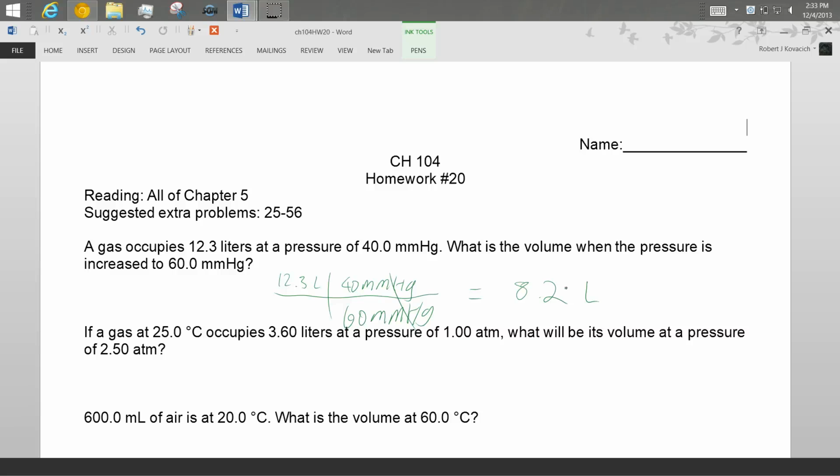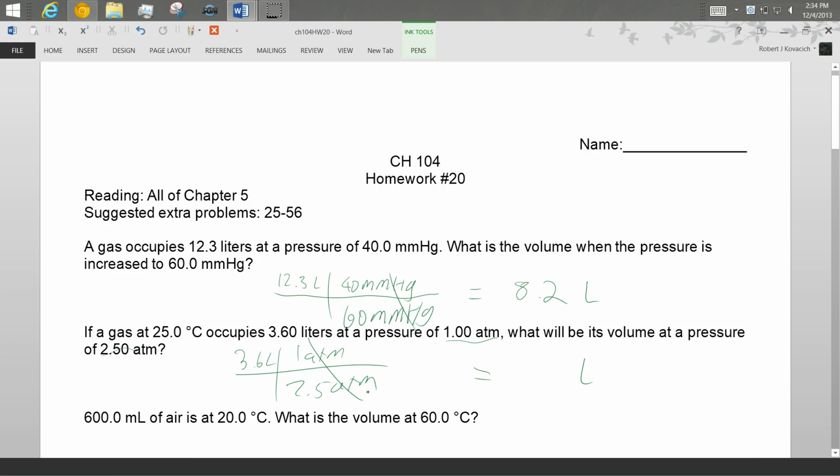In this problem, we're looking for a volume, just like we were before, so it looks like we have liters, so I'll go ahead and put liters here. And what I've got is 1 atmosphere and 2.5 atmospheres. So this is basically the same problem as we had last time. So 3.6 liters, and then I've got 1 atmosphere and 2.5 atmospheres. The atmospheres cancel.